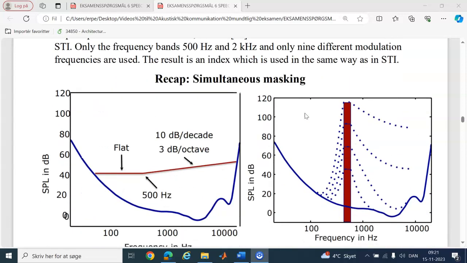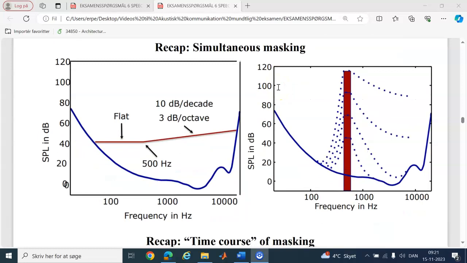Okay, recap about simultaneous masking. We have broadband noise when the tone frequencies are less than 500 Hz. Then the SPL is flat, about 40 dBs.